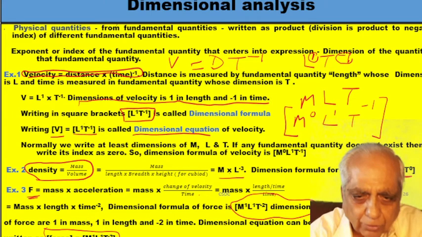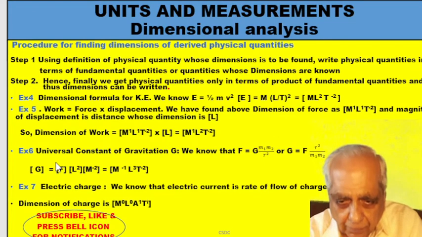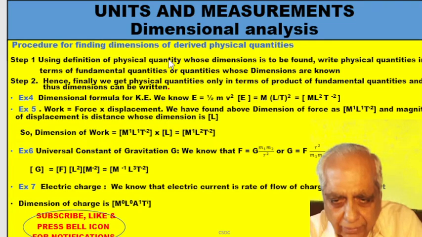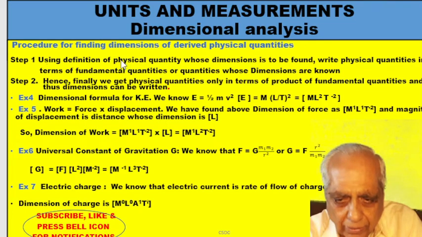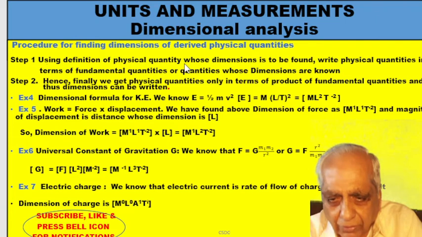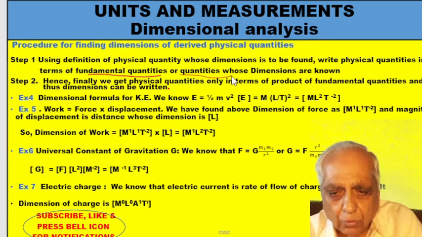We'll find the dimensions of physical quantities. From the examples that we have solved so far, we can now write the procedure. You should use the definition of the physical quantity, like I have used the definition force is mass into acceleration. Then write the physical quantity in terms of fundamental quantities or quantities whose dimensions are known.